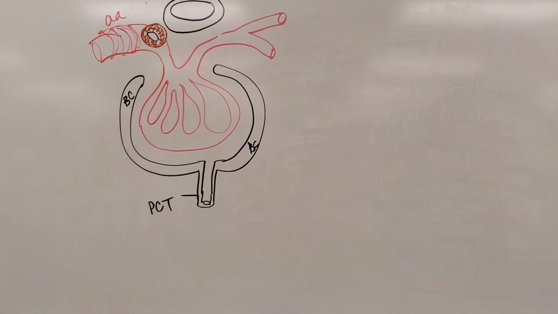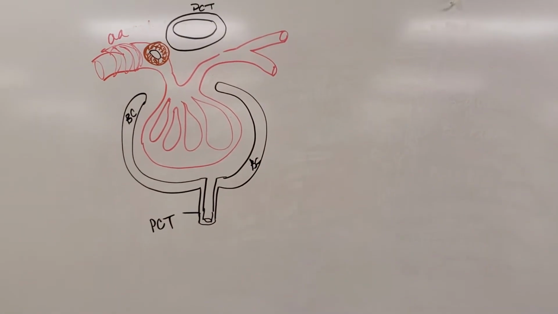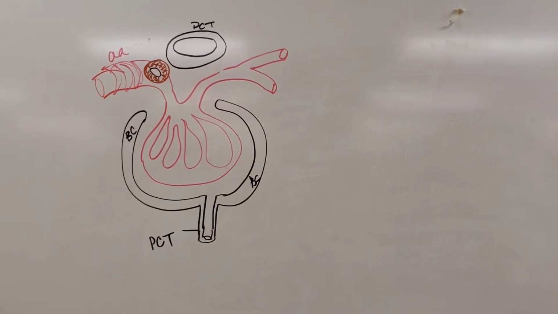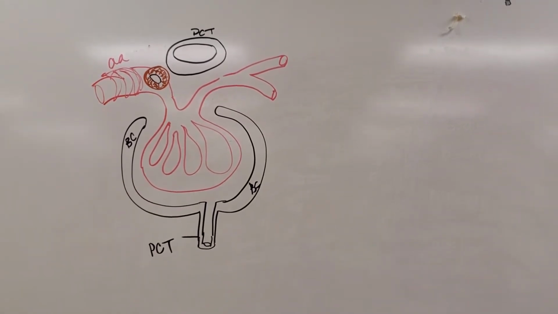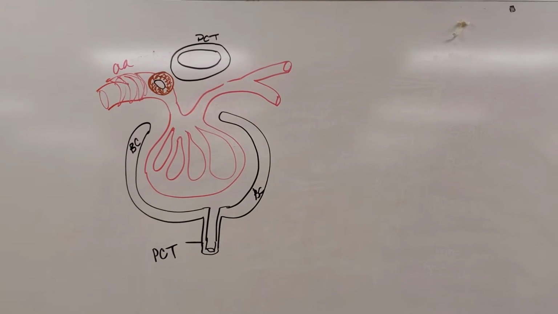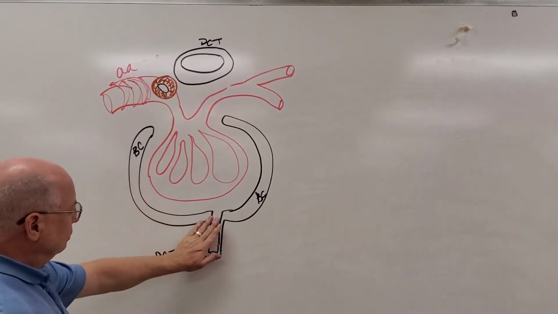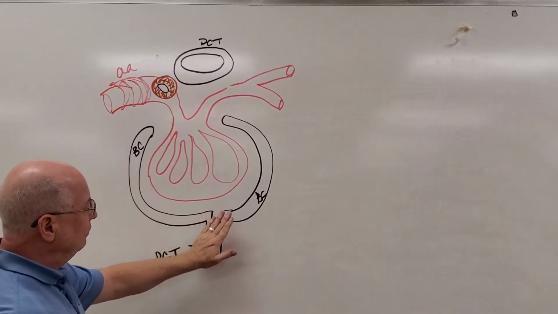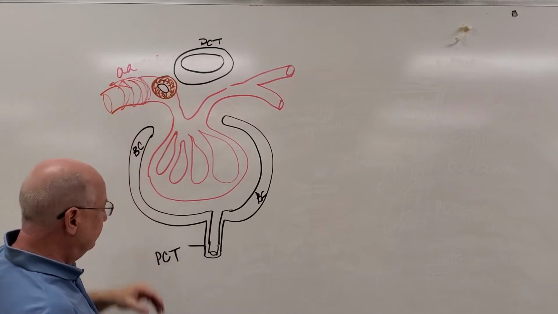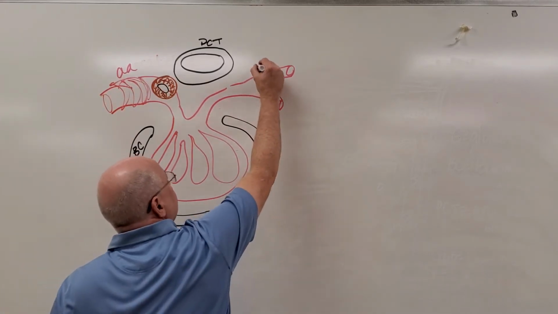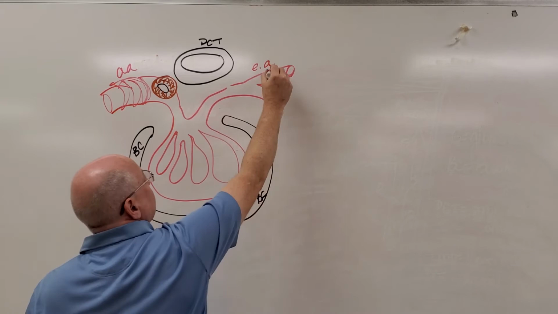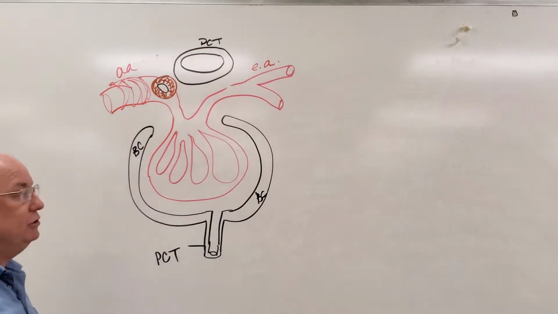Let me make sure all of this is visible on my screen. Yeah, I'm drawing it a little bit high, so let me move my camera again. So, I have Bowmans capsule, proximal convoluted tubule, the afferent arteriole. This is going to be the efferent arteriole. That's our distal convoluted tubule up there.